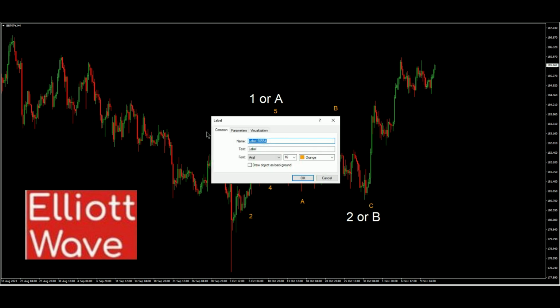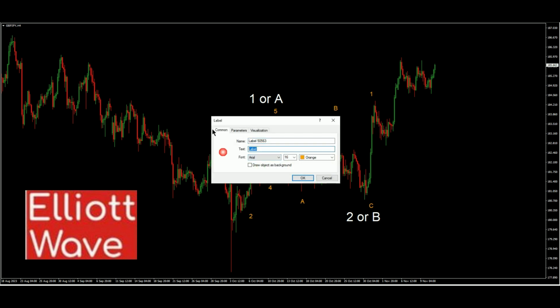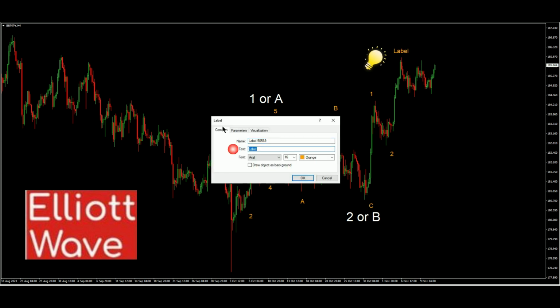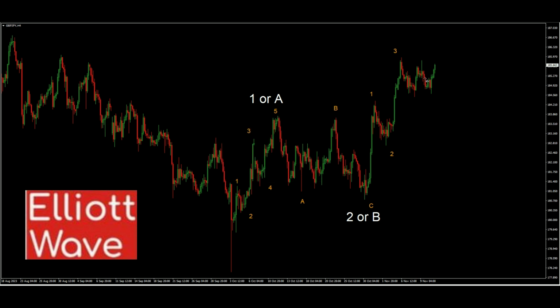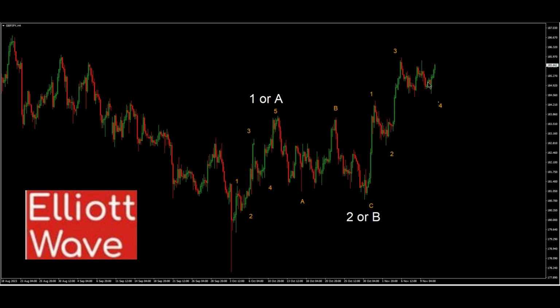This is wave A. This is wave 1, 2, 3, 4. Okay, for wave 4, we don't know.